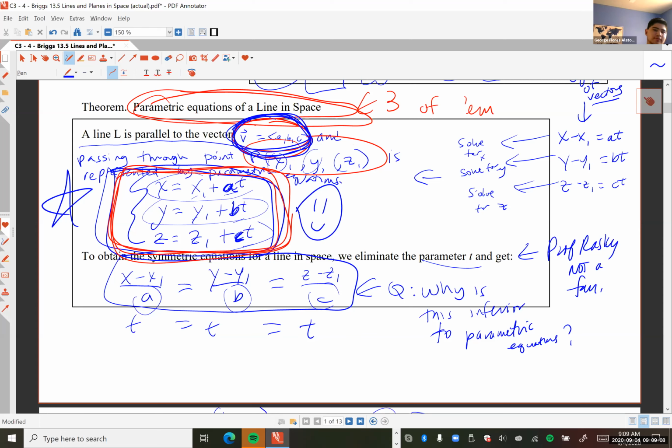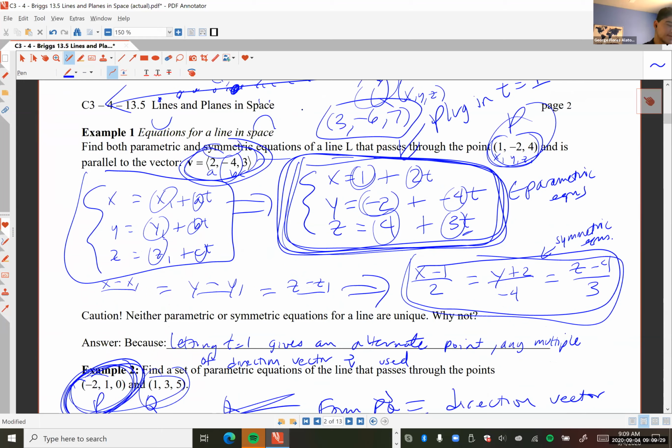So when you cherry pick them, you're just using the definition because you know these equations through and through. And then the x1, y1, z1 are simply the coordinates of a point that lives on that line. Remember? Okay. Does that help?